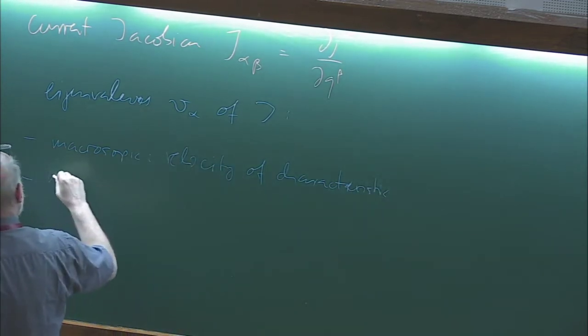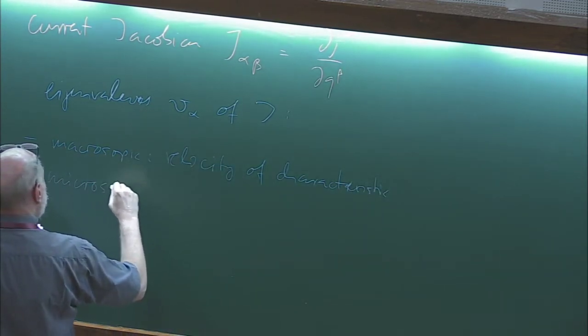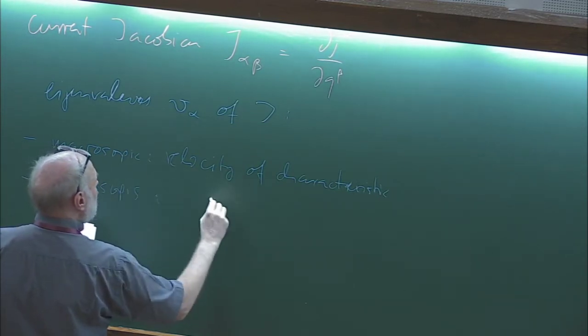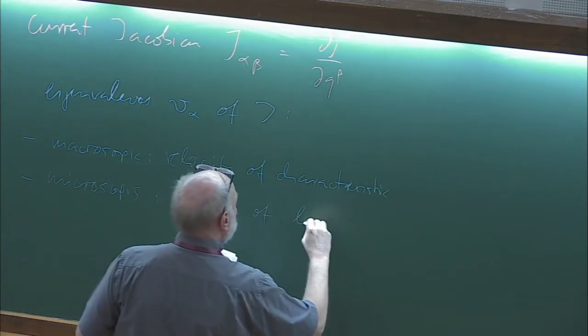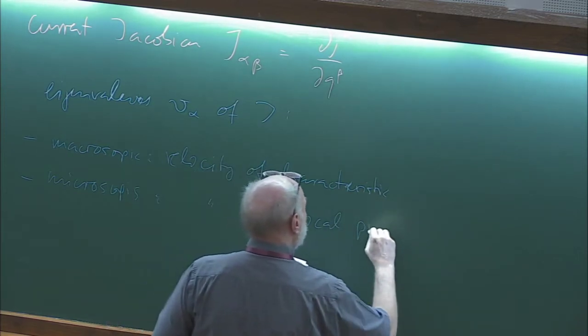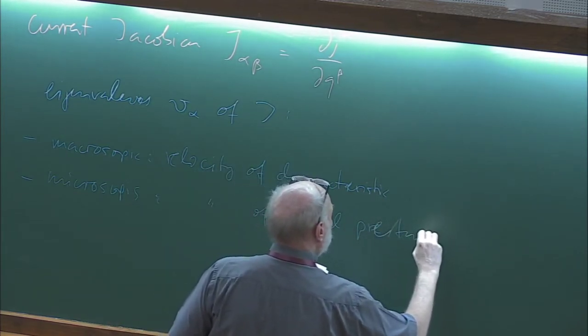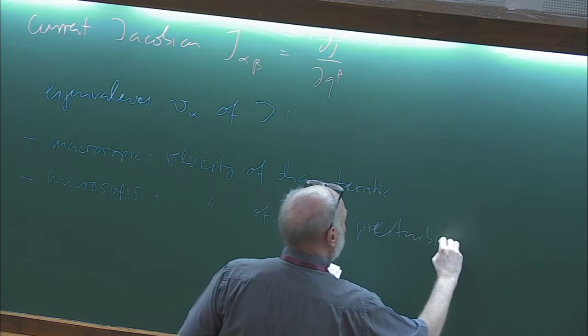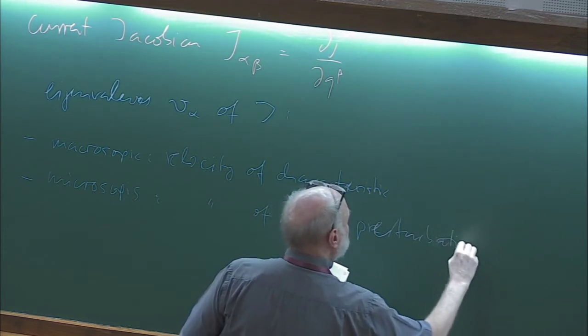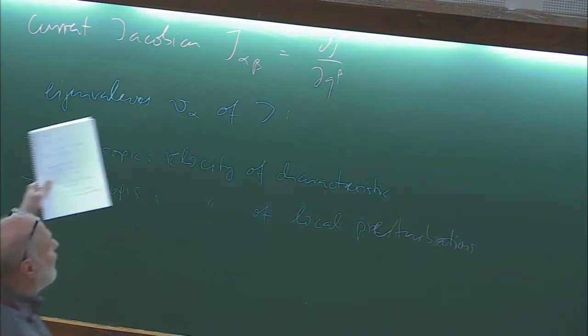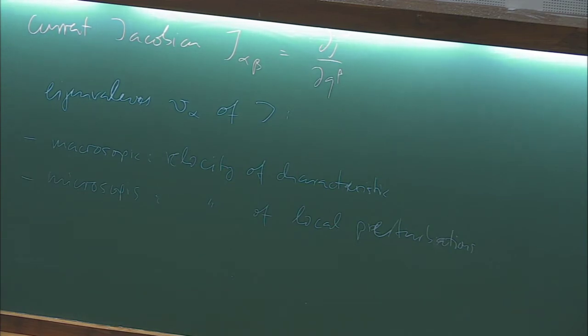And on the microscopic level, these are the velocities of local perturbations in a stationary background, with fixed values of these conserved quantities.